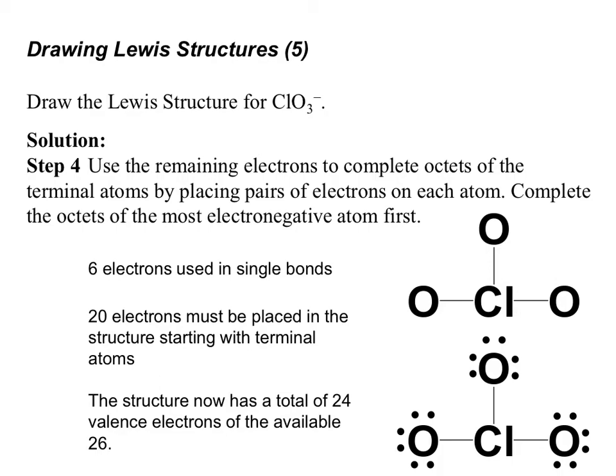So in oxygen's case, it already has 2 bonded to the chlorine, so we need to add 6 to each. This adds a total of 18 electrons onto the molecule. Therefore, we have used up 24 of the 26 electrons available. Note the 18 from the dots and the 6 from the dashes, giving us 24. So we have 2 electrons left.